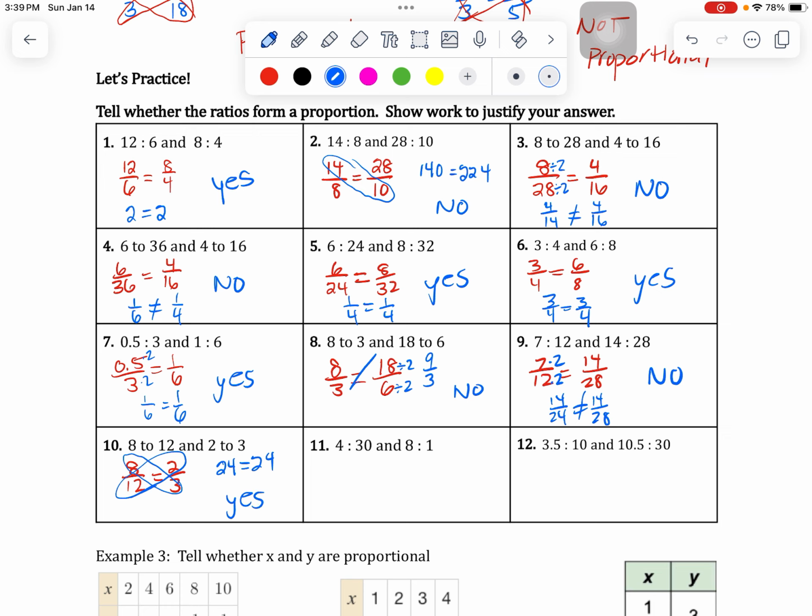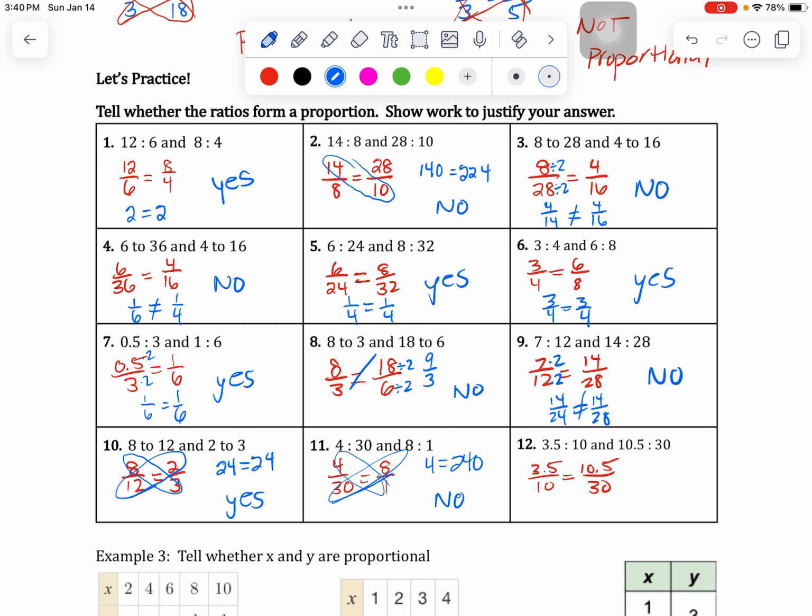The next one, I get 4 over 30 compared to 8 over 1. So here I can see right away that if I multiplied, 4 does not equal 240, so that is not proportional. And then the last one over here, I get 3.5 over 10 compared to 10.5 over 30.